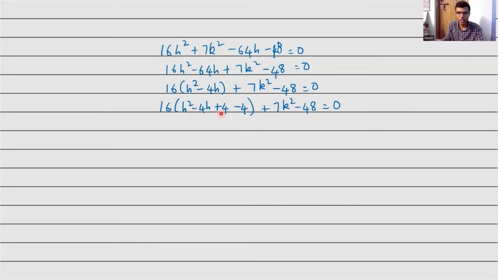Now, these three terms, I'm going to take as one. Let me just write it down. These three terms make up h minus 2 whole square, and then our minus 4 plus 7k square minus 48.